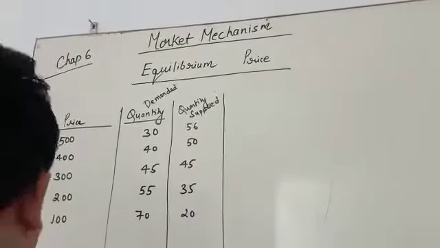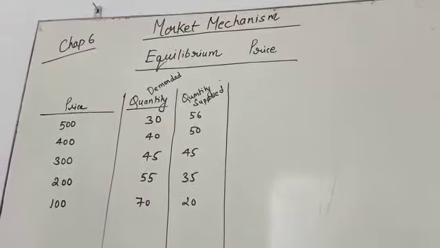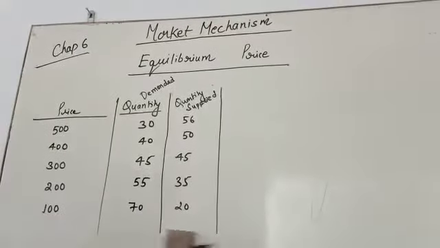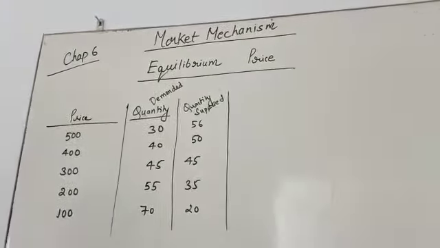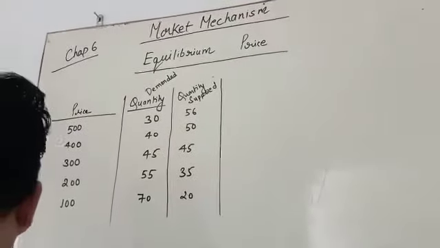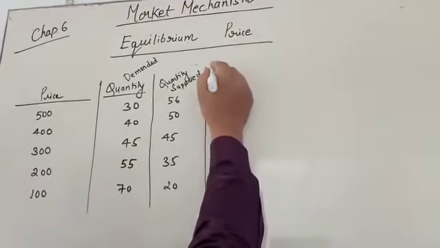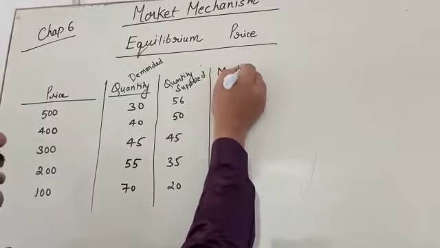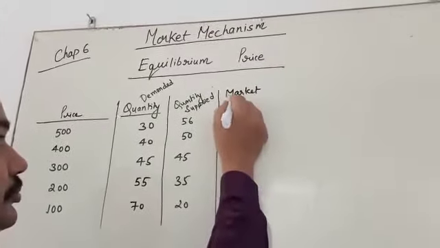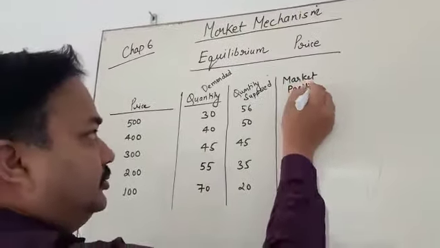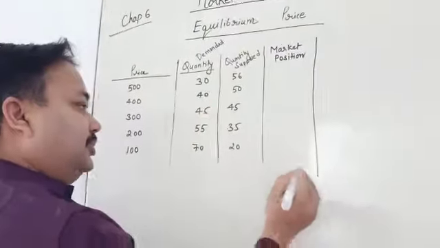Next I am going to draw a column for market position. What is the market position? Market position is our new topic in this chapter. How do we know the market position?